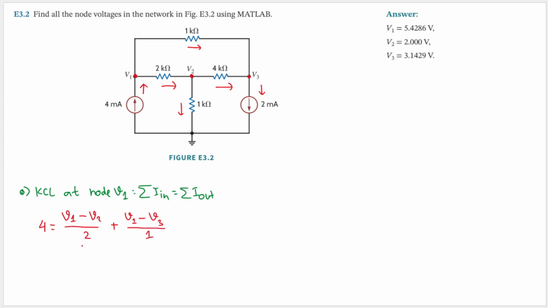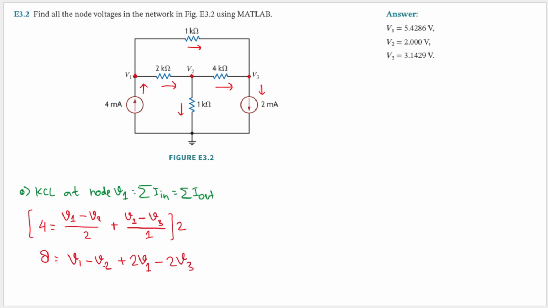I want to get rid of all the denominators here, and that can be done by multiplying both sides by the least common multiple of 2 and 1, which is 2. So we'll have 8, and we will have V1 minus V2, because 2 and 2 will cancel each other, and 1 and 2 becomes 2, so we will have plus 2V1 minus 2V3.